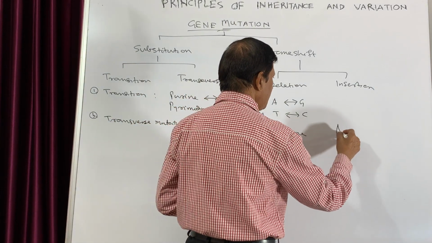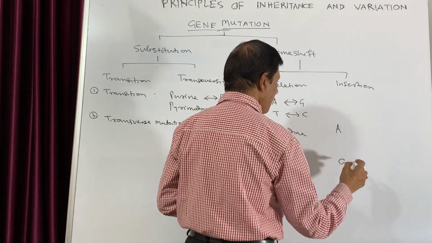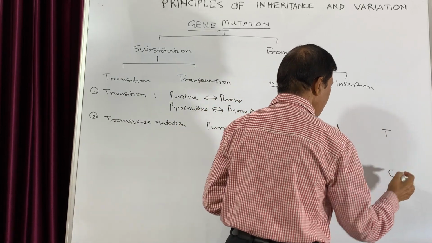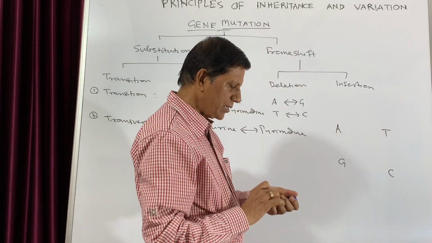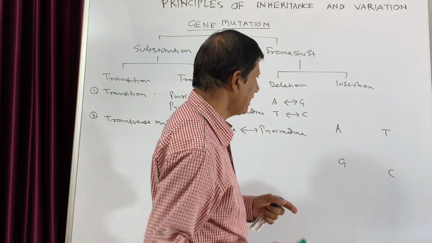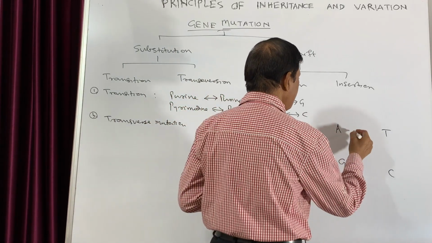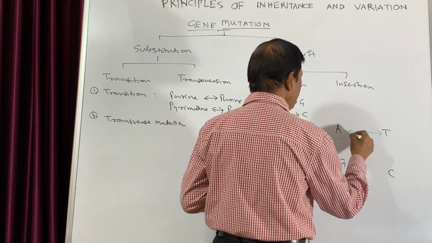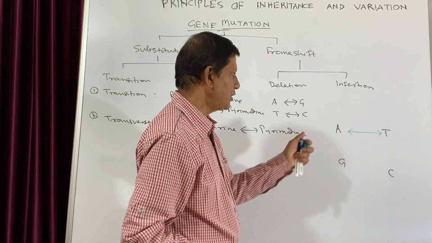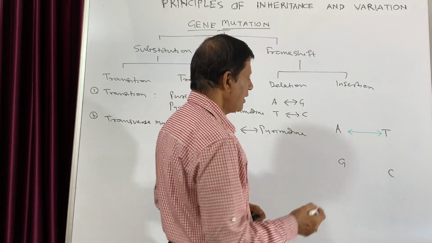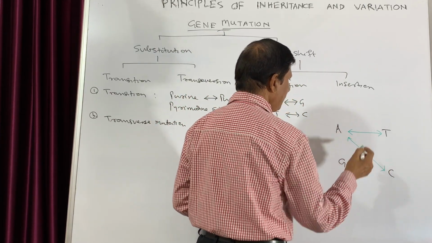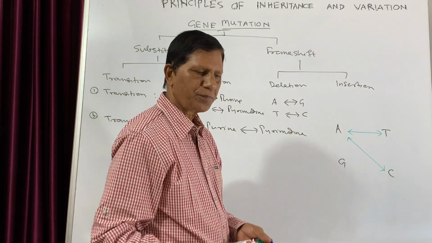Suppose this is adenine and this is guanine. This is thymine, this is cytosine. That means how the change is taking place? A can be replaced by T, T can be replaced by A, because this is purine, that is pyrimidine. Similarly, A can be replaced by cytosine, cytosine can be replaced by adenine.